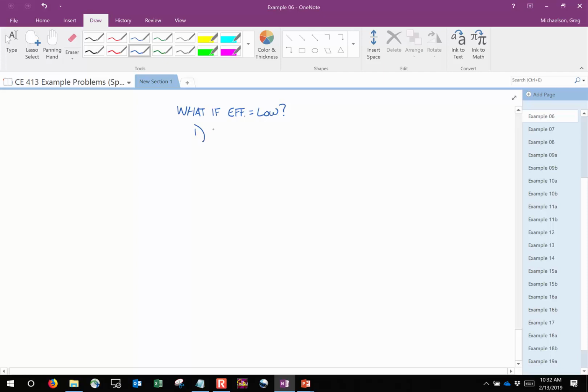Okay, so if the efficiency is low, you say change the depth. What does that mean? You tell me. If you wanted to increase the efficiency, would you make it deeper or shallower? Well, think what's that going to do? It's going to make the beam stronger. If the efficiency is low, the beam is too strong. So what are you going to do?